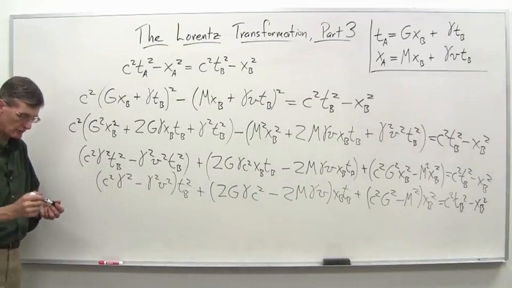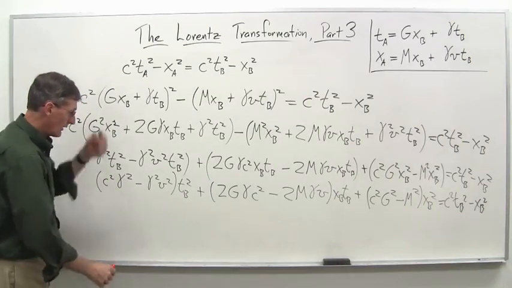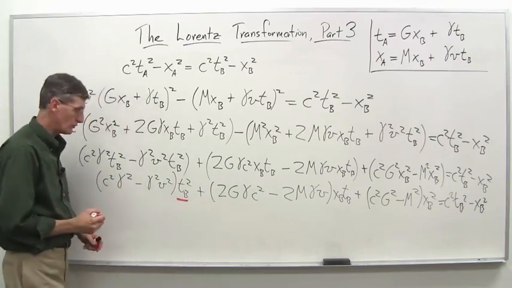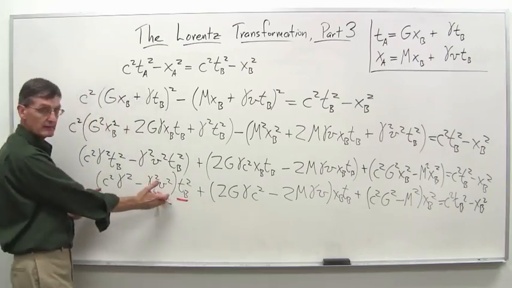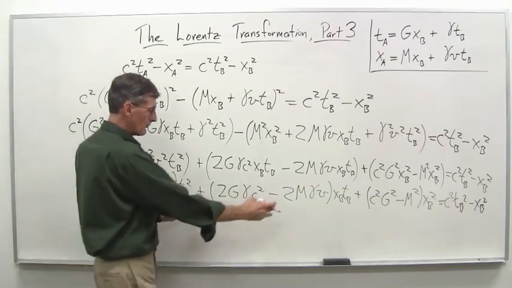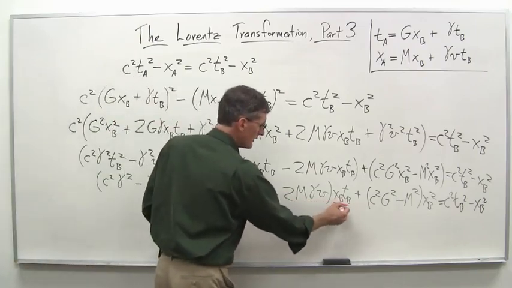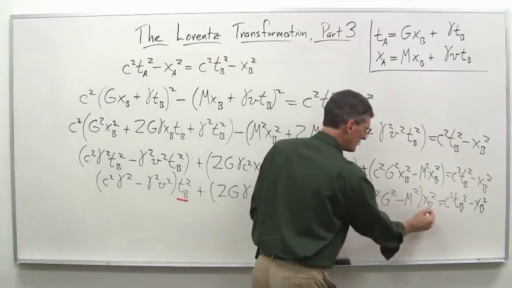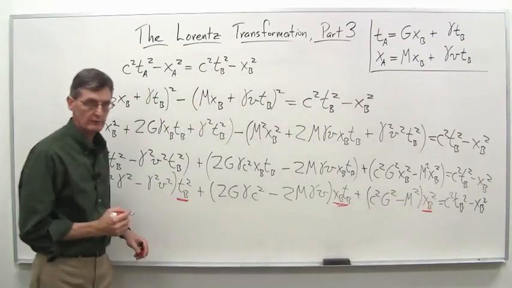Okay, now here's the nice part. On this side, note we have a tb squared term. We've got essentially something times tb squared. And then we've got something times xbtb. And then we've got plus something times an xb squared term here.